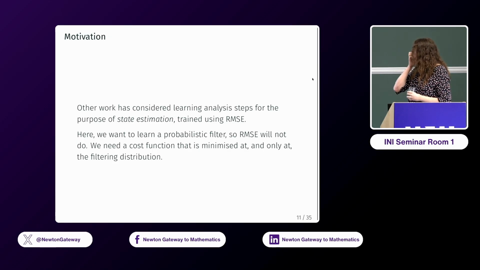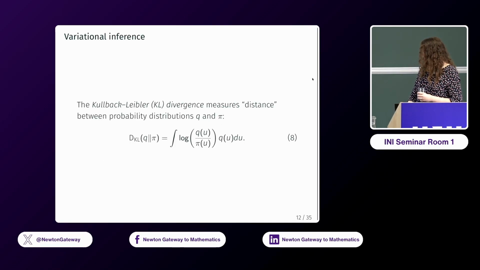Okay, so we want to learn a probabilistic filter. We don't want something that just minimizes the root mean squared error or something like this, which has been done before. So we need a cost function that's minimized only at the true filtering distribution. And we'll do that using variational inference.